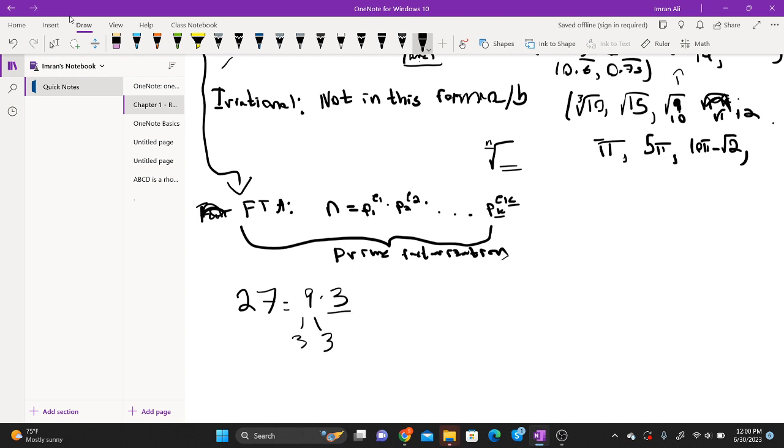And 9 is 3 squared. When we write prime factorization, we want to keep the exponent. We don't want to write n equals p1 times p1 times p1. Instead, we want to write p1 cubed. In this case, it's 3 times 3 times 3, right?